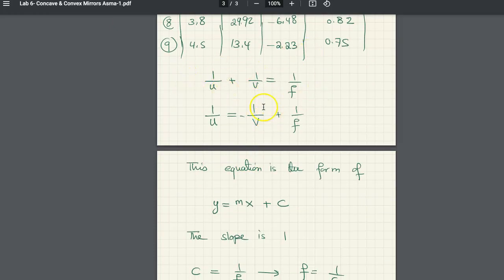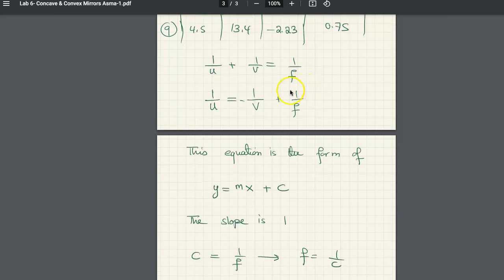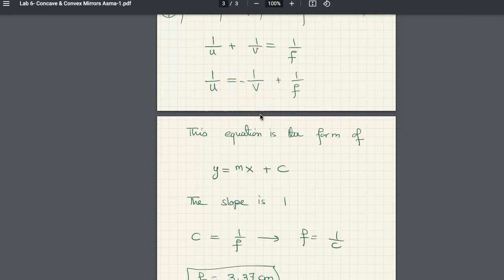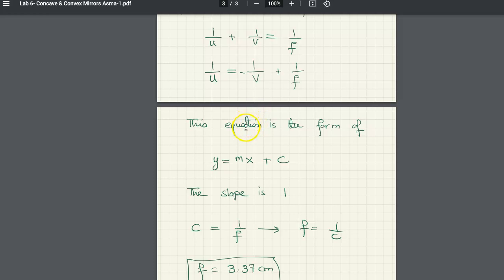Now this is the equation that we are going to discuss in the lecture. 1 over U plus 1 over V equals 1 over F. Now I can rearrange my terms so that 1 over U equals minus 1 over V plus 1 over F. And this is the equation in the form of Y. My 1 over U is going to be my Y. My M is going to be -1.